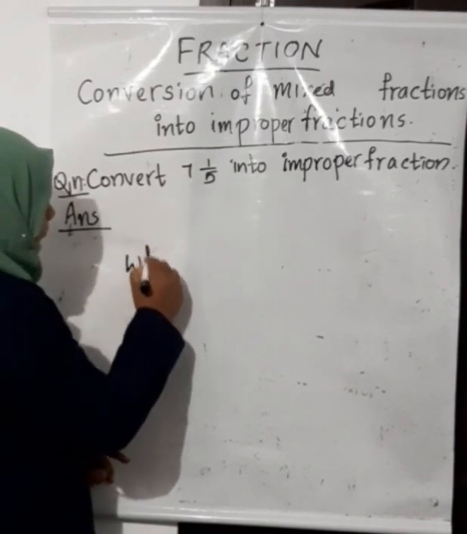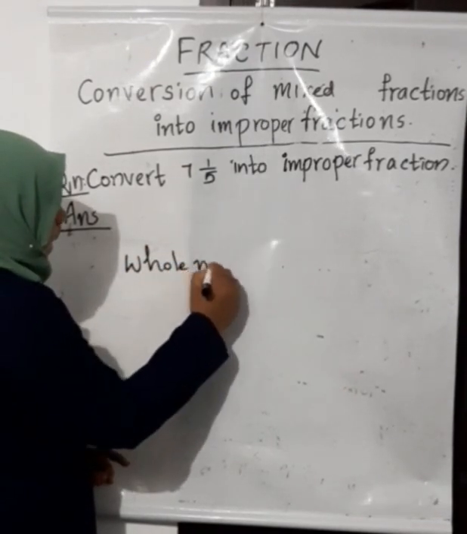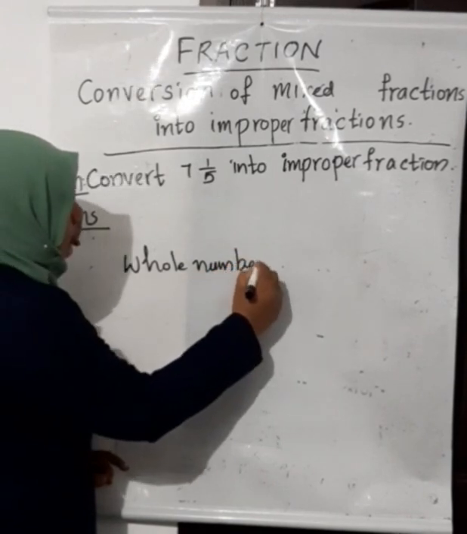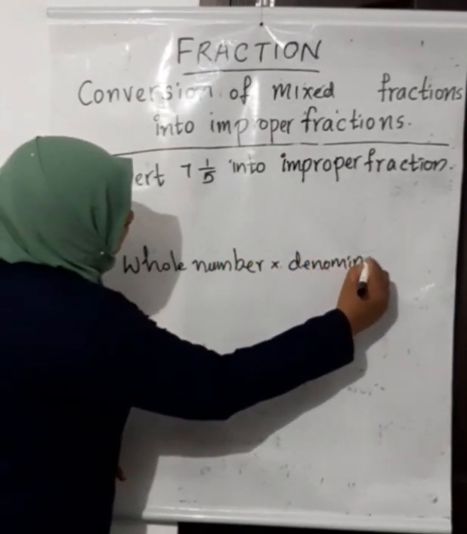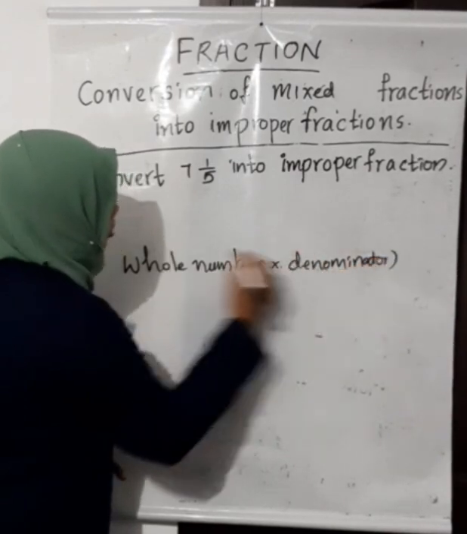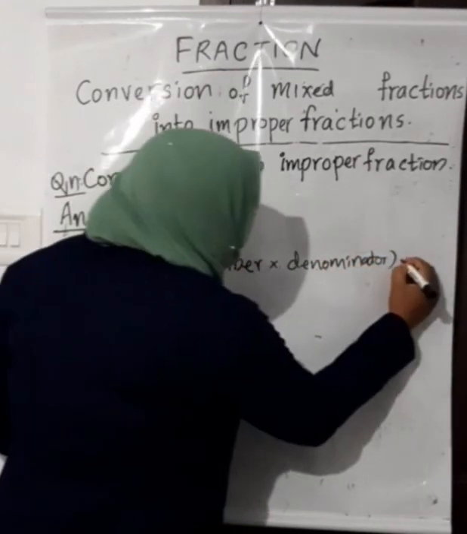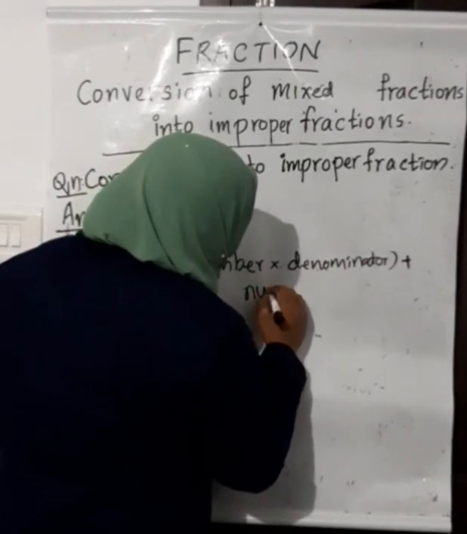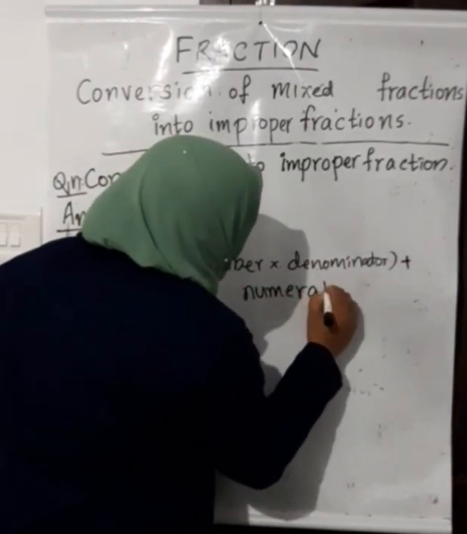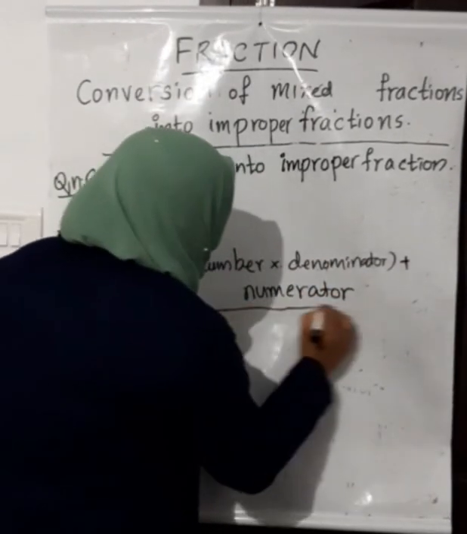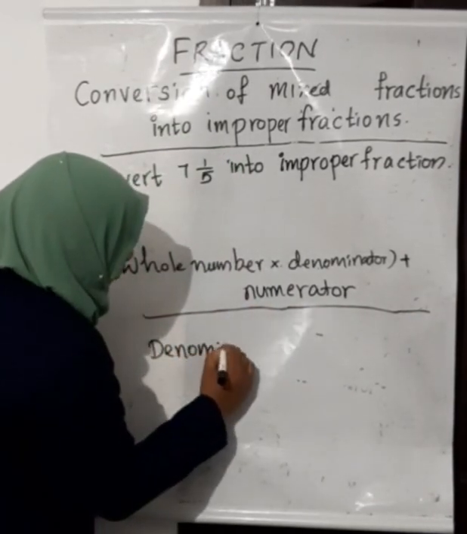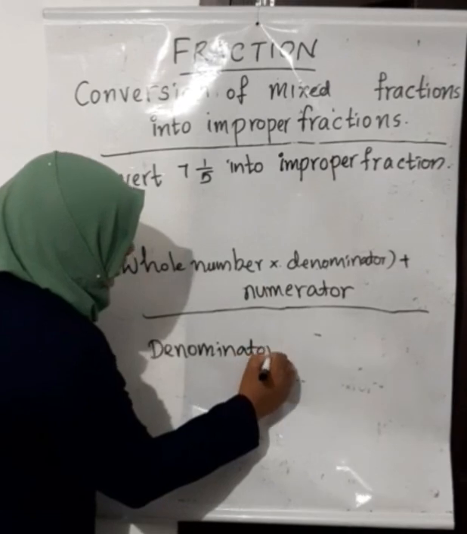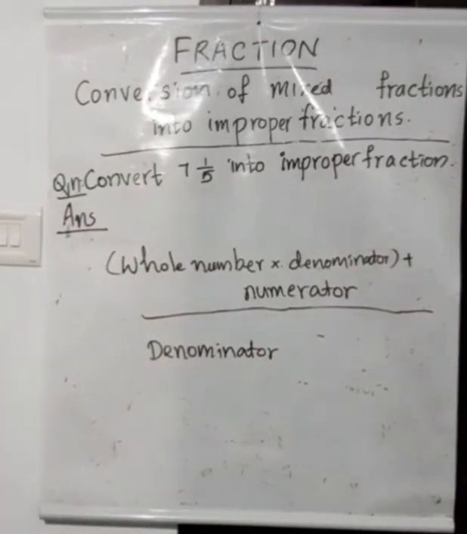Whole number into denominator plus numerator by denominator.